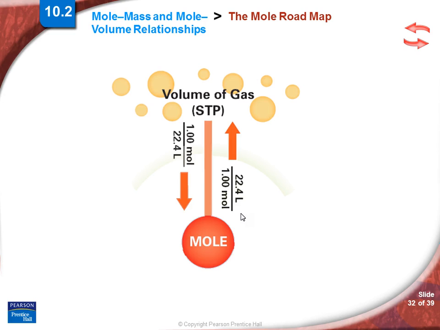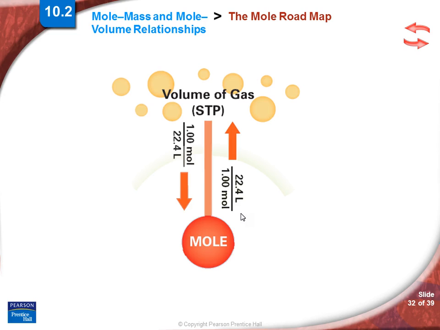If I have the number of moles and I'm trying to find the volume, I multiply the number by 22.4 over 1. So let's say I have 3 moles and I want to find the number of liters, I multiply it by 22.4 liters divided by 1 mole.